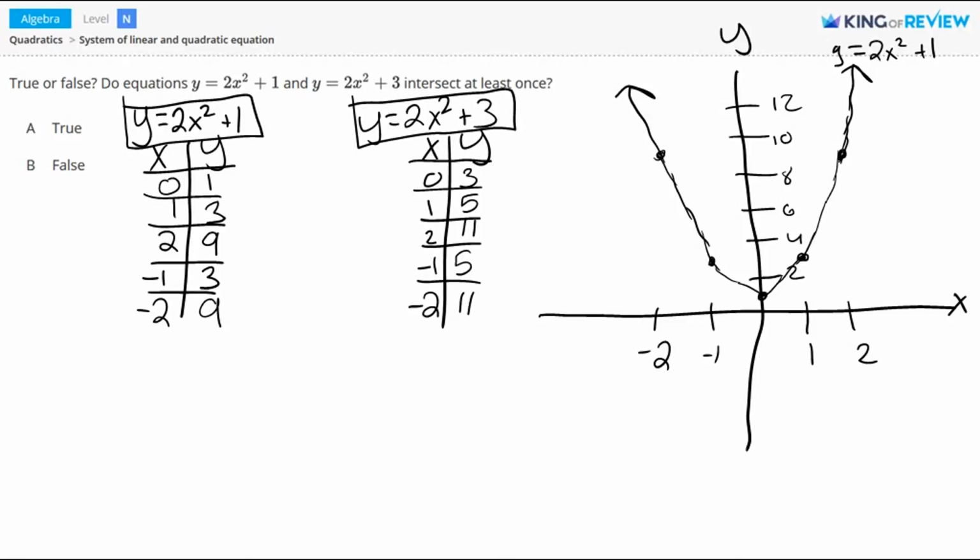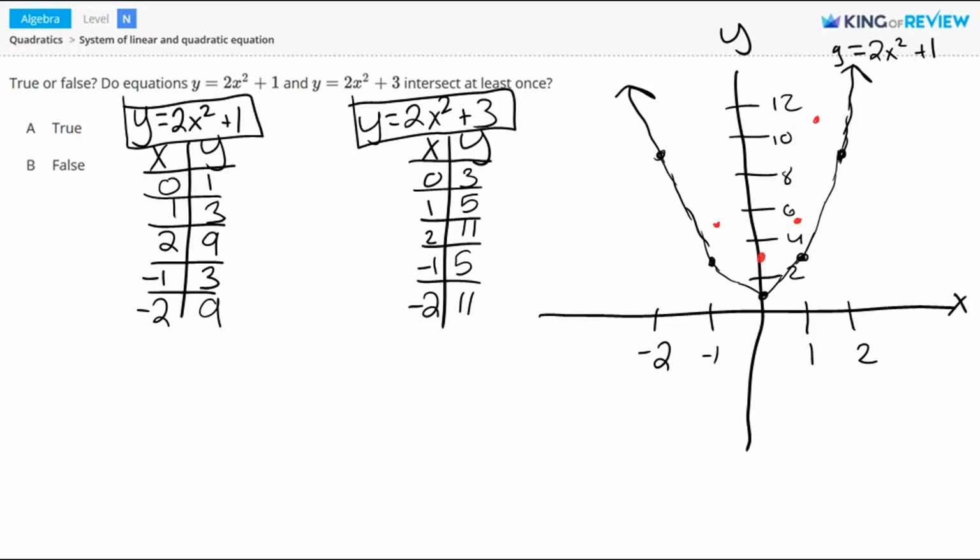So now I'm ready to plot these points on the same coordinate plane. I'll use red to plot these ones. I have a point at 0, 3. That's right here. I have a point at 1, 5, which is right here. I have a point at 2, 11, which is right here. I have a point at -1, 5, which is right here.